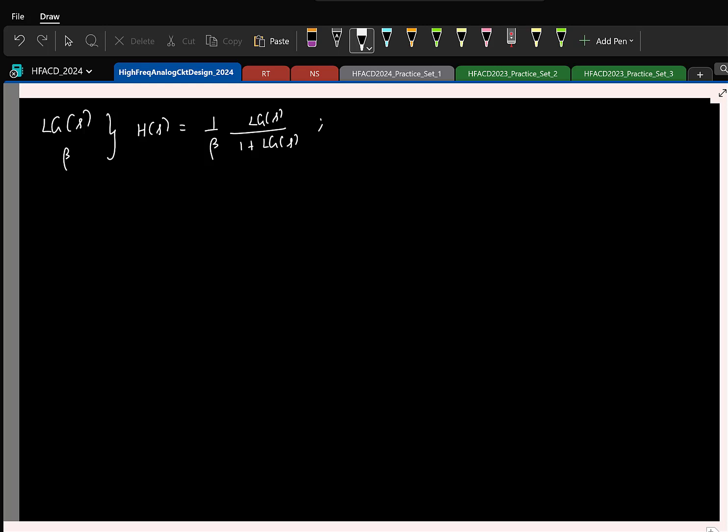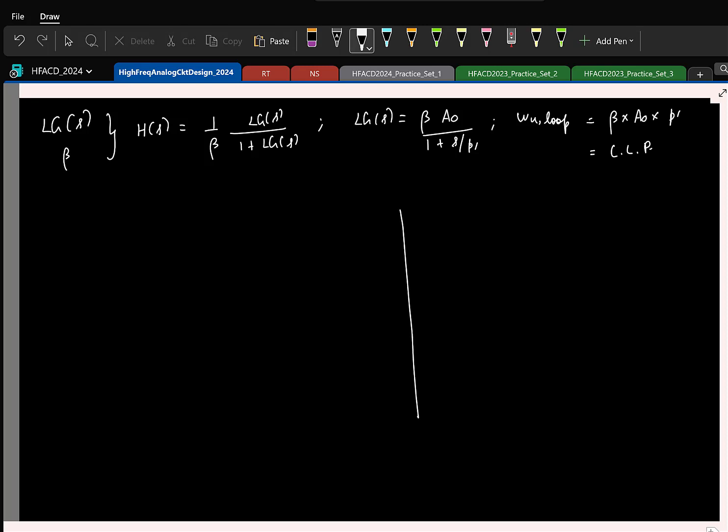If I say that it's a first order system, for example, let's start with that. Something like this. What is the unity loop gain frequency for a first order system? And this is also the closed loop pole, right? So let me sketch it quickly.